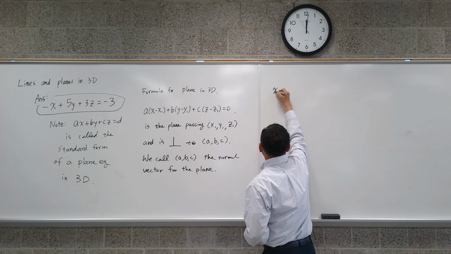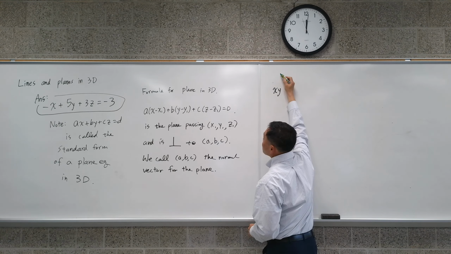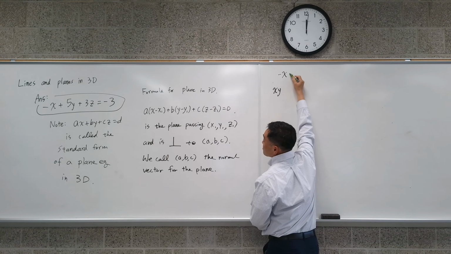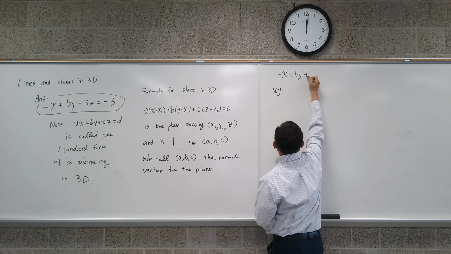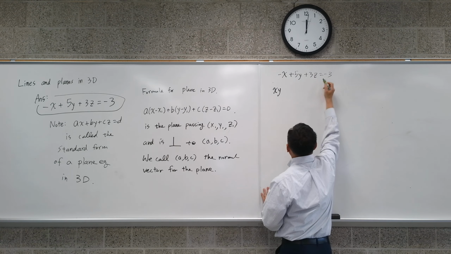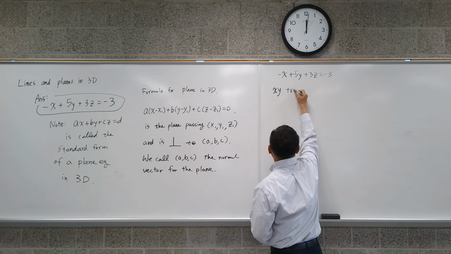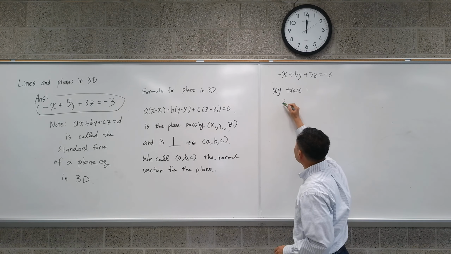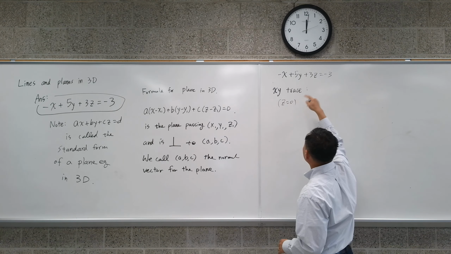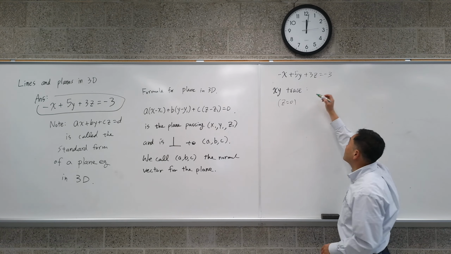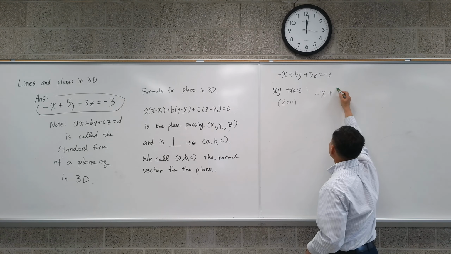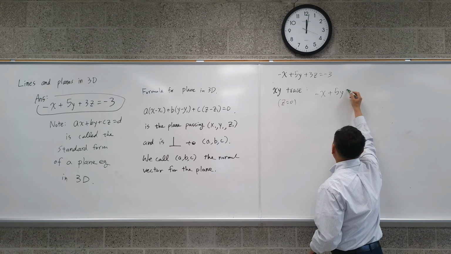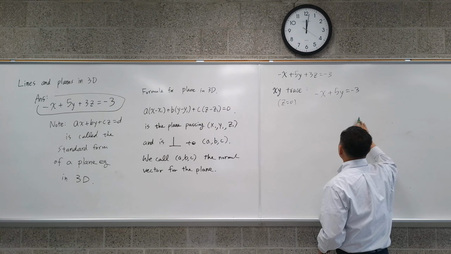What is the xy trace? So we're investigating this one: negative x plus 5y plus 3z equals negative 3. So what's the xy trace? That's when you set z equal to 0, so that z is gone and you just have x and y. That gives you the intersection between the said object and the xy plane.